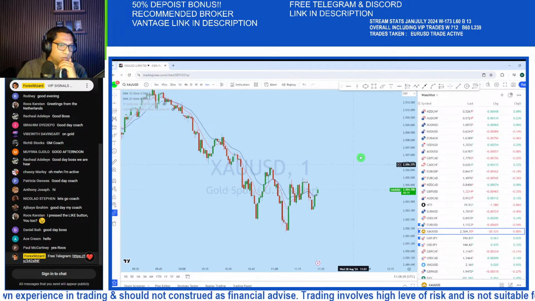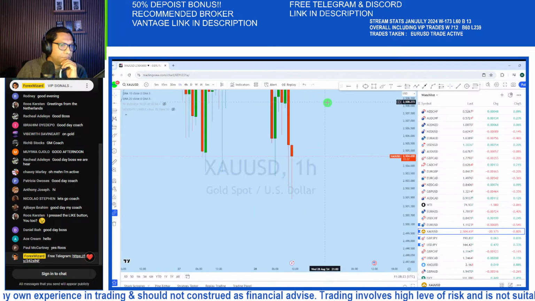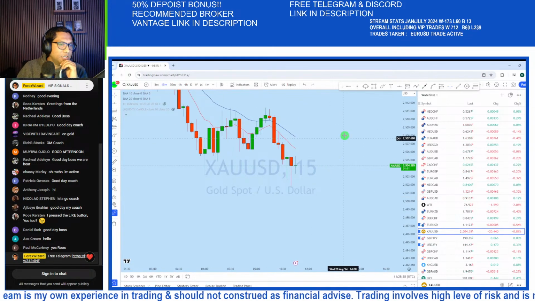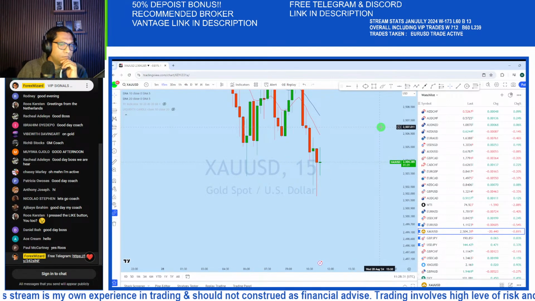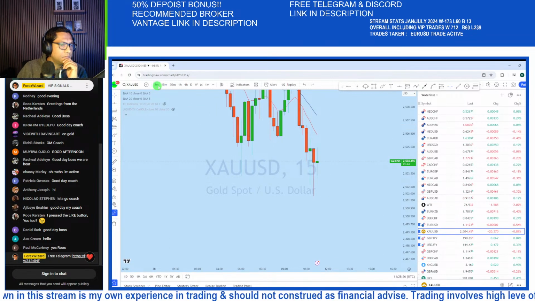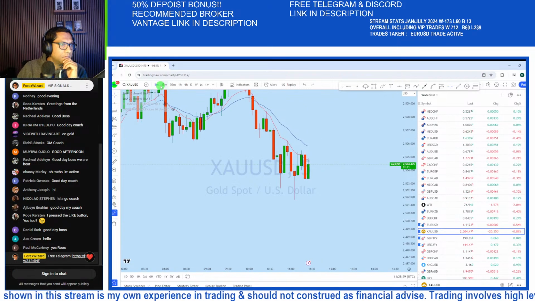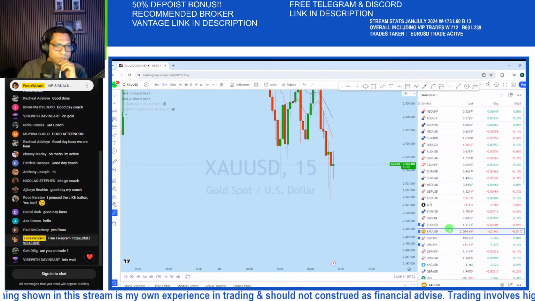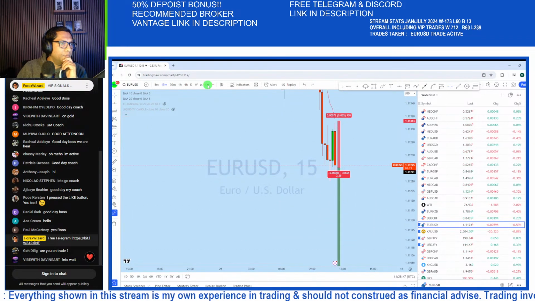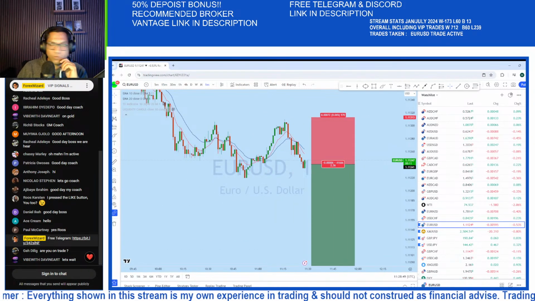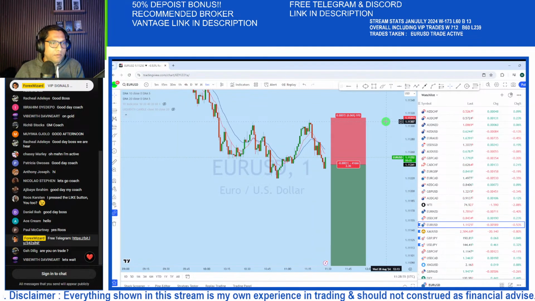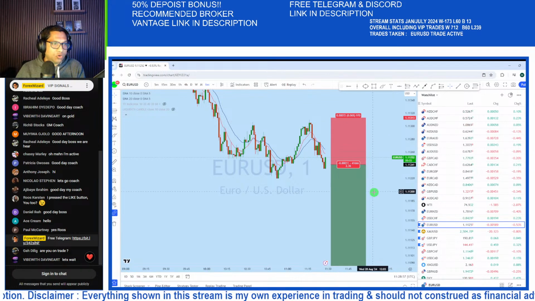Gold is started, you can see that there is a potential liquidity candle formation on gold. While euro dollar started to move. We are active on euro dollar. Very tight trade and expecting it to drop in that direction.